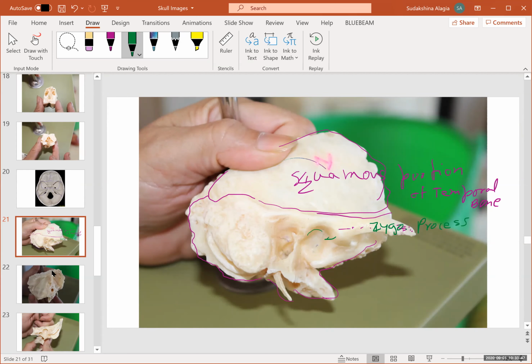This is a fossa. Fossa is to accommodate something. That something is the part of the mandible, the jawbone. So condylar process, we'll be looking at that. The condylar process of the mandible fits right into this fossa. So guess what we call it? Mandibular fossa.